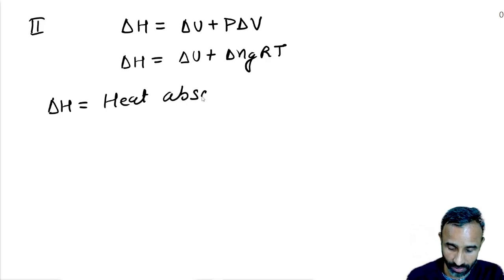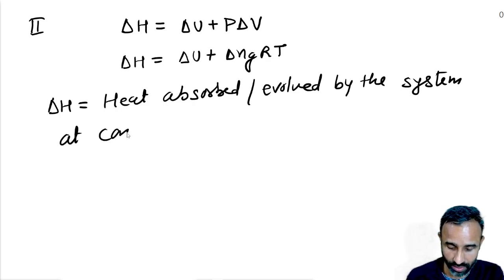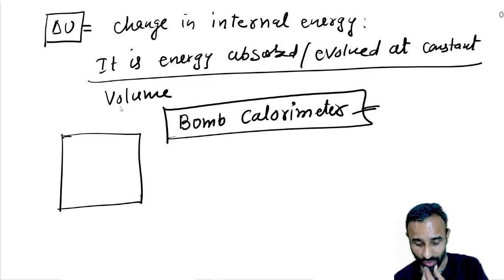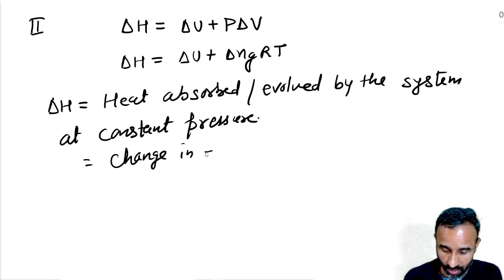Again, it is heat absorbed or evolved by the system at constant pressure. See, delta U was at constant volume, right? Change in internal energy, and this change in enthalpy is the heat absorbed or evolved at constant pressure.